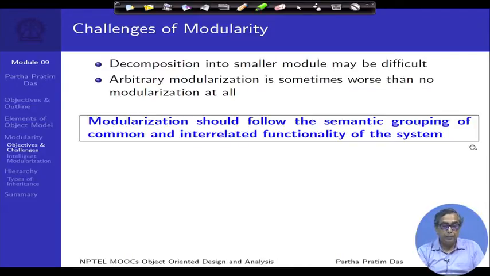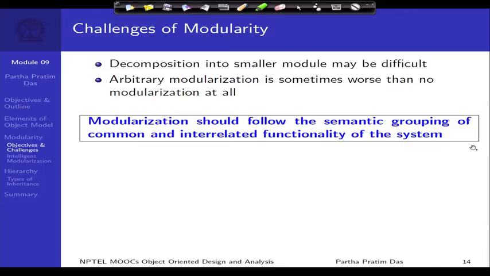And keep in mind that if the modularization is arbitrary, then often it turns out to be actually more disastrous. It is often worse than not modularizing at all, because you are drawing boundaries which are not aligned with the design boundaries of abstraction and encapsulation that you are already emphasizing.